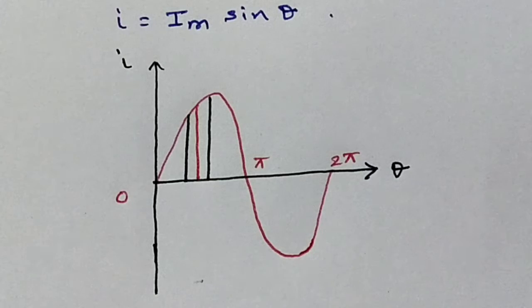The sum of all the current over a half cycle is given by the area of the half cycle, the positive half cycle or the negative half cycle. Now find the I average value.